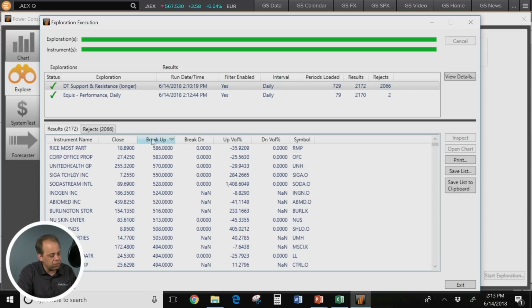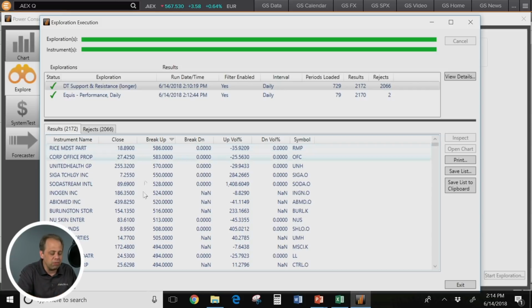So if I sort on this column, you'll see that Rice MDST part broke through resistance. This 586 means that happened 586 bars ago. Since we did a scan on a daily basis, that basically means it was about 586 days ago, which is a little bit more long-term than I want to be looking at.